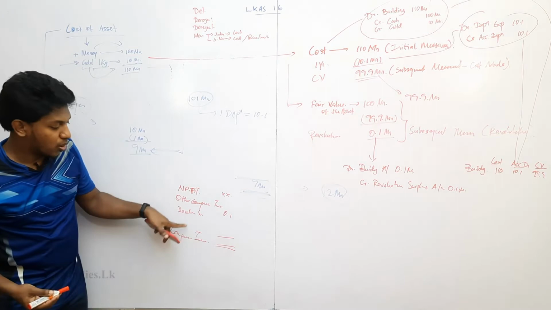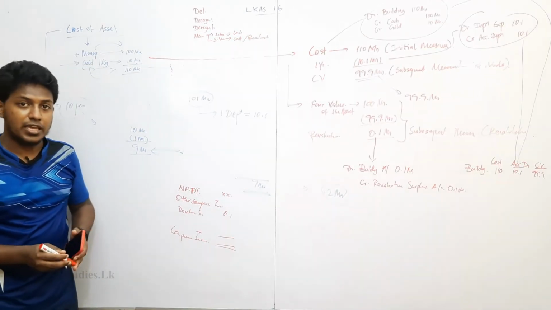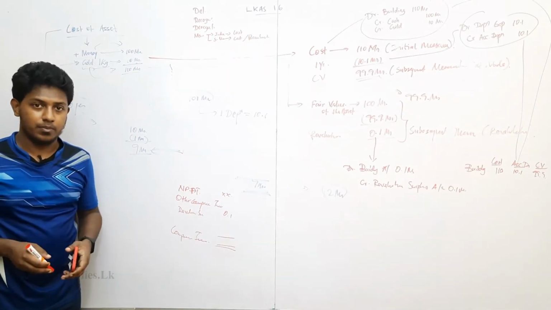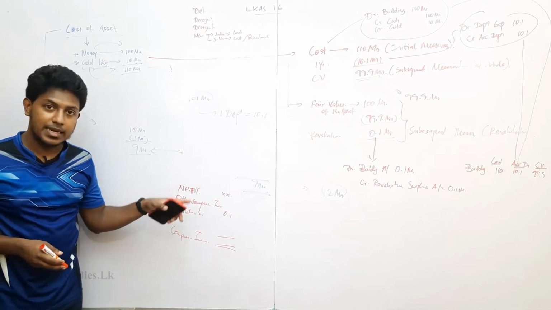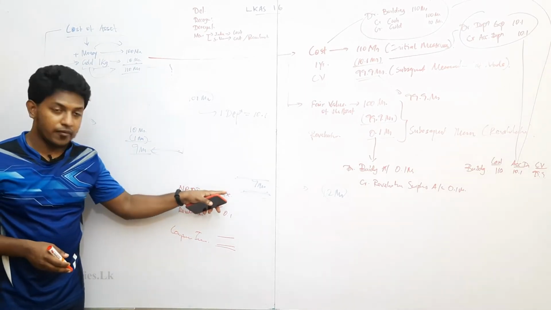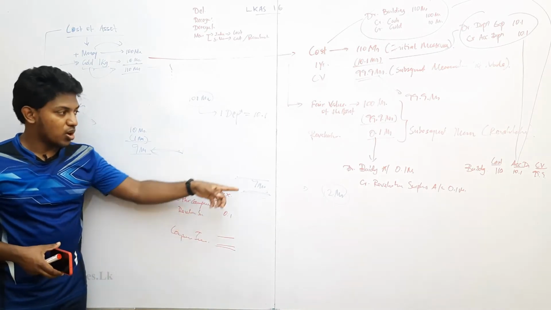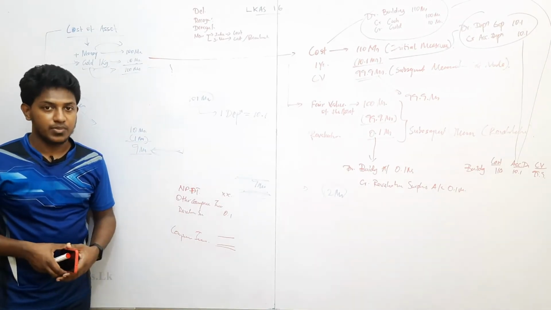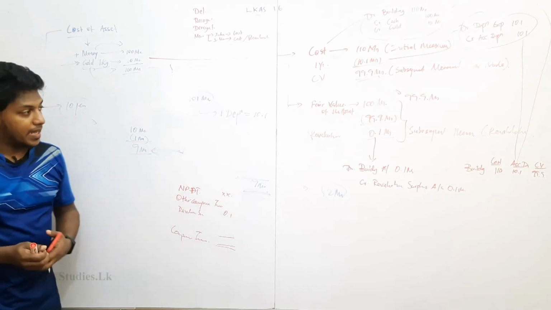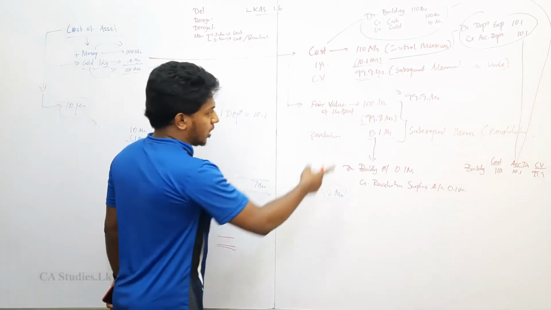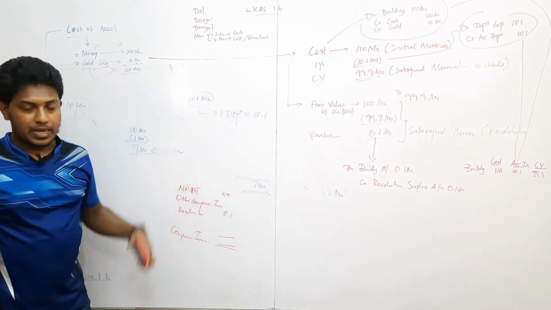This will be shown in the changes in equity in a different column, right? Not under the retained earnings. All the profit actually earned will be shown under the retained earnings. This will be shown under the revaluation surplus. This is the method. Next year, now the building is 100 million.